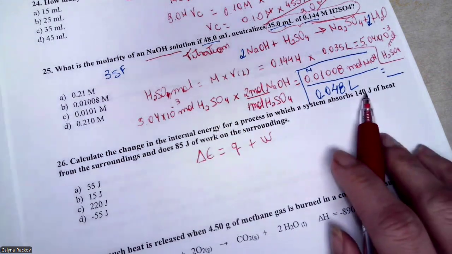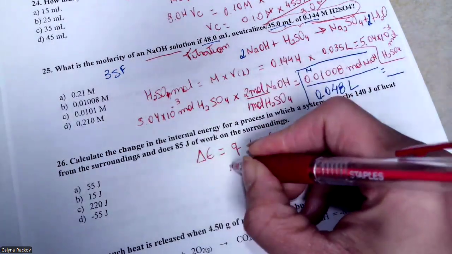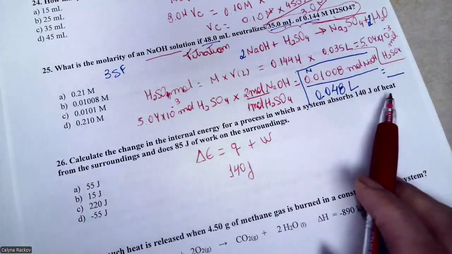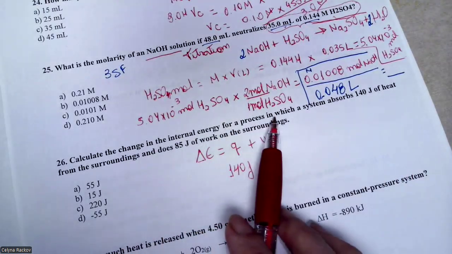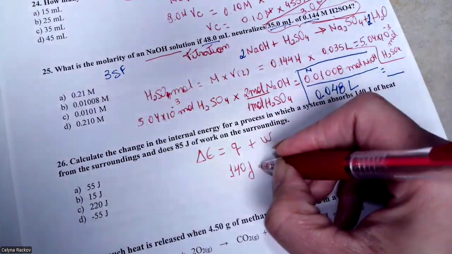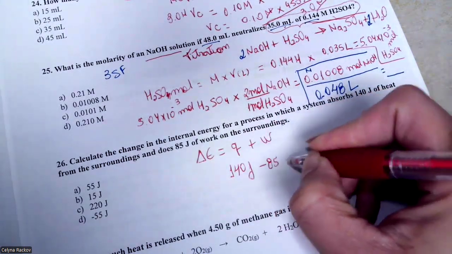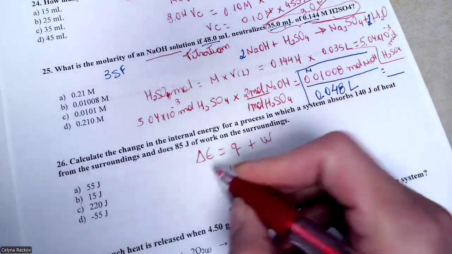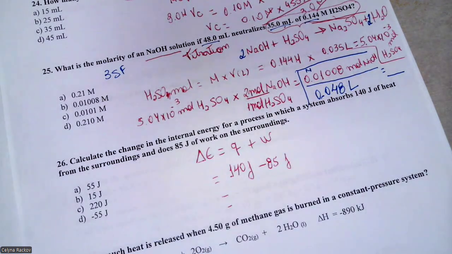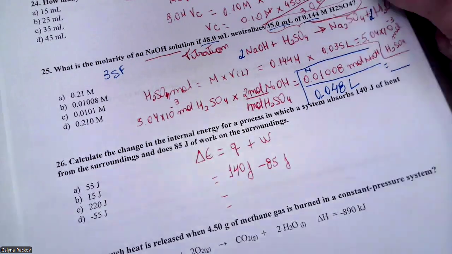So absorbing, so here it will be positive, right? And then it says that the process does the work. So minus 85 joules here. And I'm going to let you guys do this math here. All right.